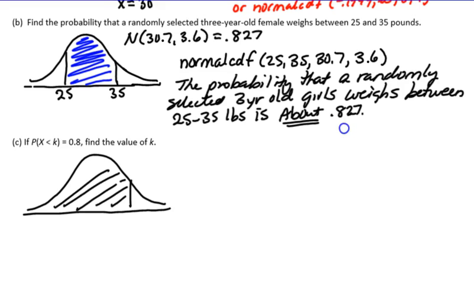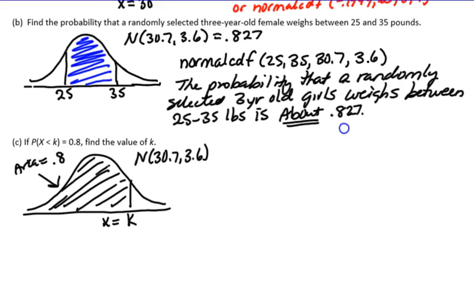All right, so I'm looking for this area shaded in, area equals 0.8 or 80%, and I still have my same mean and standard deviation for a normal model, and I'm looking for some value of x that would give me that particular amount of shaded area.